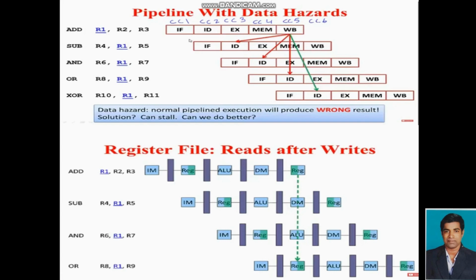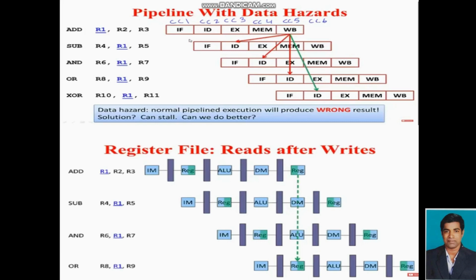To resolve this issue, we have to take some more steps. That means we have to delay the operations of subtraction, AND and OR. These 3 instructions should be delayed to the required level. Say we are getting the answer at clock cycle 5.